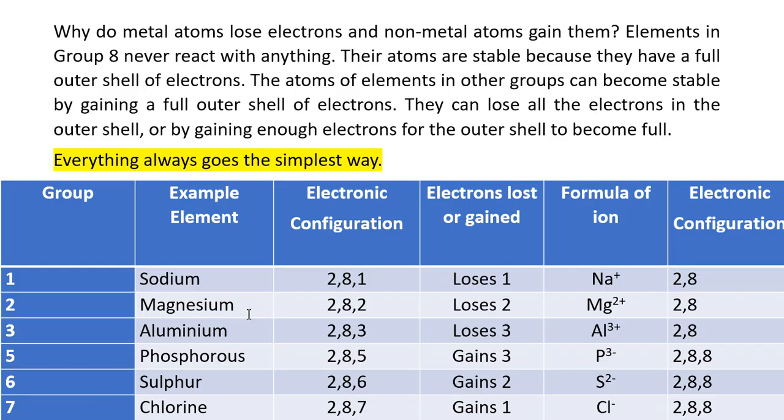Same with magnesium in group 2. 2 in the outside shell, 2 are lost to give me that full, stable outer shell. Aluminium, group 3, 3 in the outside shell, 3 are lost. Charge on the ion, Al3+. And if I look at those 3 elements, sodium, magnesium, aluminium, the ending IUM tells me it's a metal.